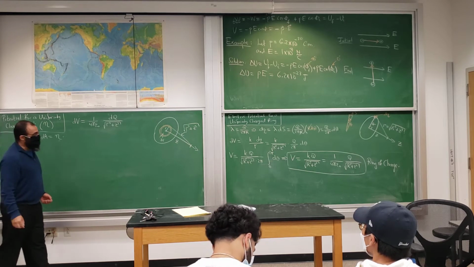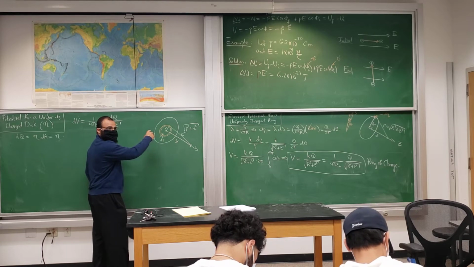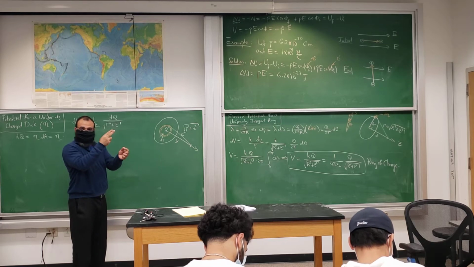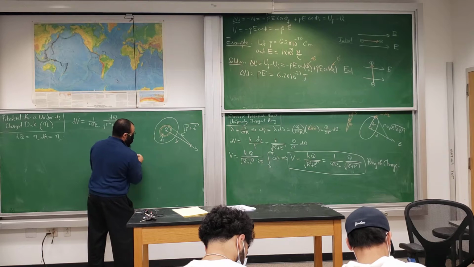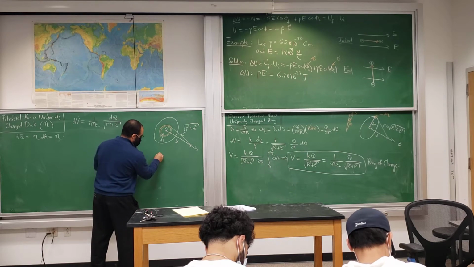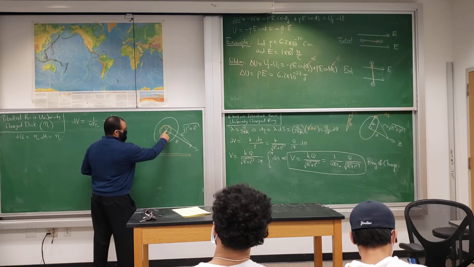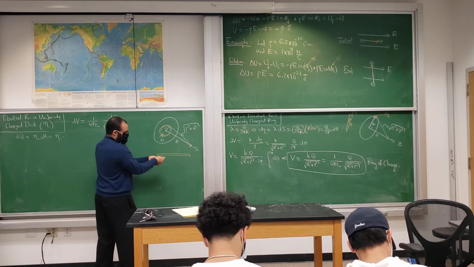Yeah. Remember the way I think about it? This is a circle, right? Always think of it this way. Suppose I take that ring and cut it and open it up. So when you cut it and open it up, this ring would become a long strip like so. Since this is r, when you open it, this is the circumference of that ring, because when you twist it back, you get the ring.